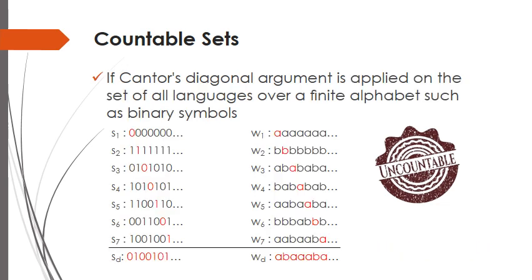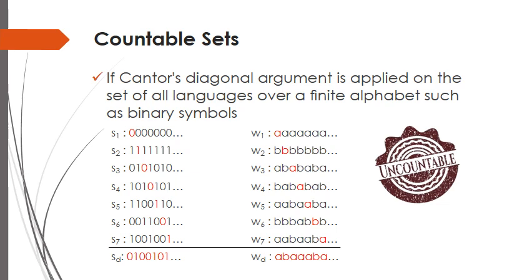If Cantor's diagonal argument is applied on the set of all languages over a finite alphabet such as binary symbols, we can first think of the symbols 0 and 1, then A and B in the same way. The lists we have prepared here represent a set of infinitely long binary strings and, in fact, all possible languages.